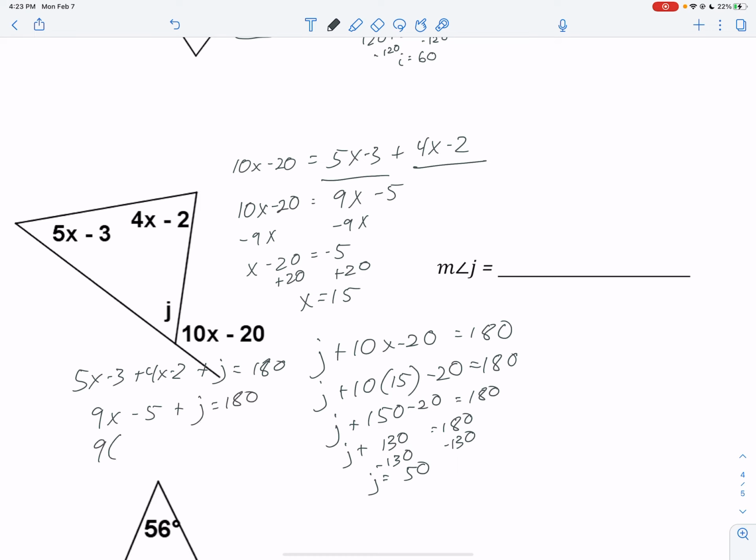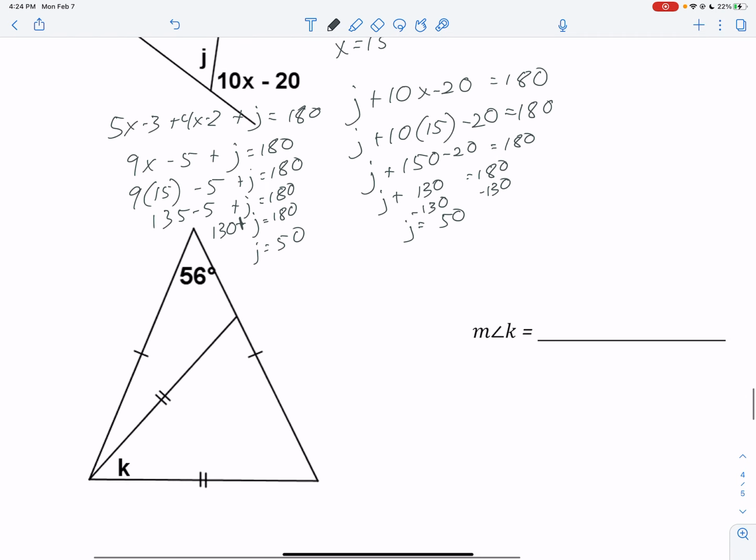And then 9 times 15 minus 5 plus j equals 180. 9 times 15 is 90 plus 45, which is 135. Minus 5 plus j equals 180. 130 plus j equals 180. Subtract it from both sides to get, again, j is equal to 50. You should get the same answer regardless of the way you do it.